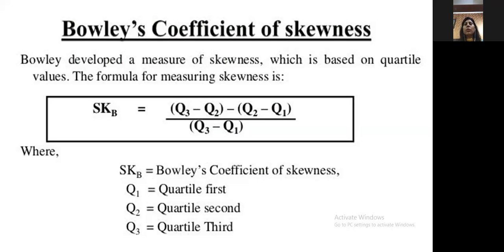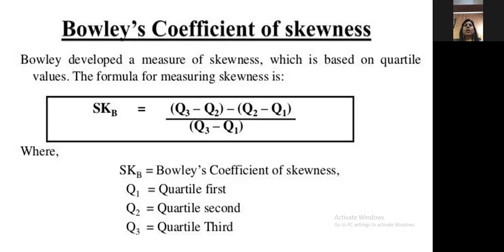That is the first way of finding the coefficient of the relative measures of skewness. The second option is Bowley's coefficient of skewness, which Bowley defined in a very clear manner with the help of quartiles.